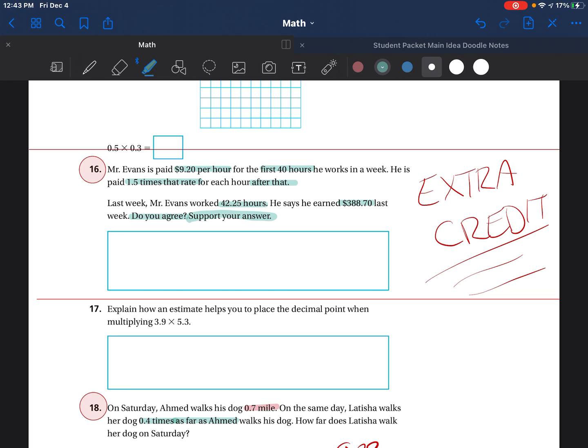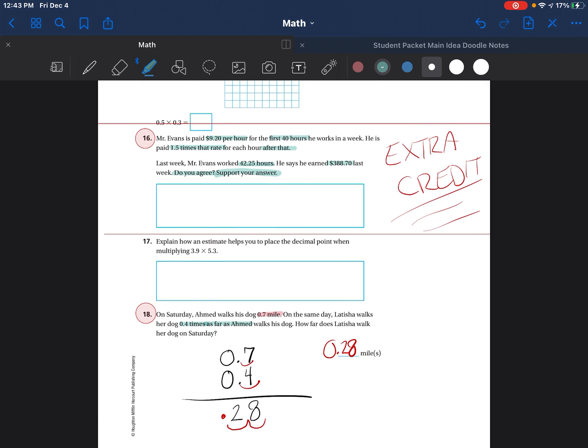So the first thing we have to do is find out how much money he makes for 40 hours. So I'm going to take $9.20 times 40. We know all of this is going to be 0 because 0 times anything is 0. Then I do my placeholder. 4 times 0 is 0. 4 times 2 is 8.